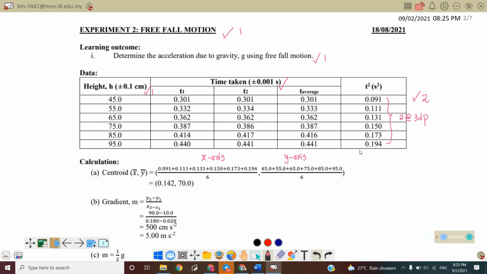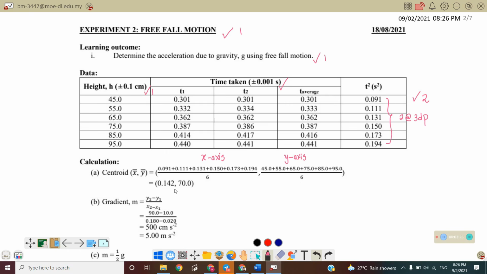So we copy down all the values and divide by 6. Similar for H, 45.0 plus 55.0 and so on, we copy down all the values and divide by 6. Then we will get 0.142.